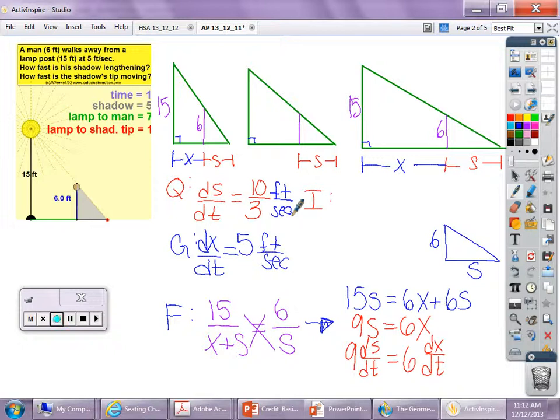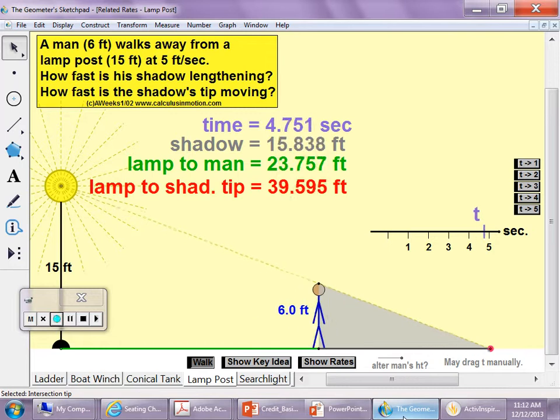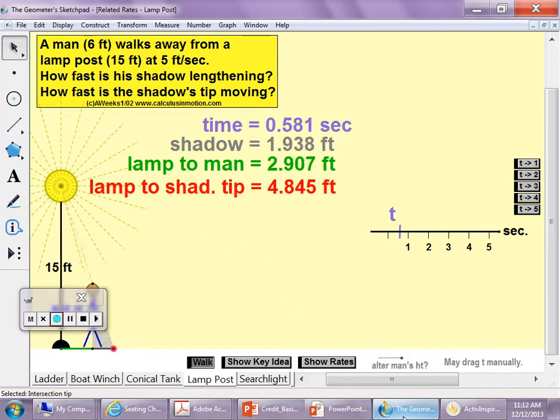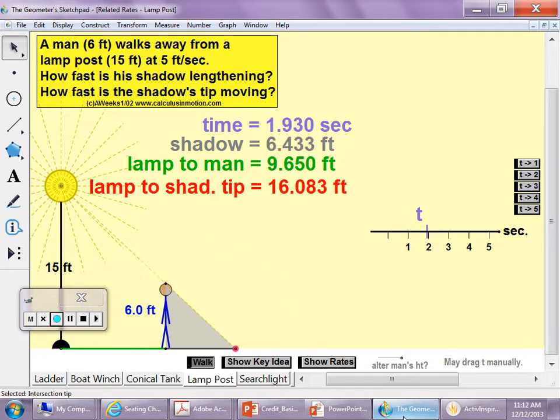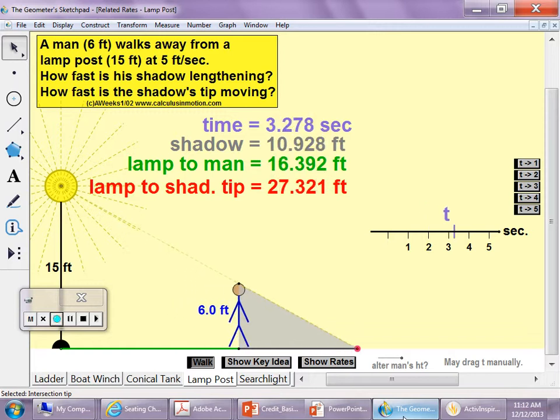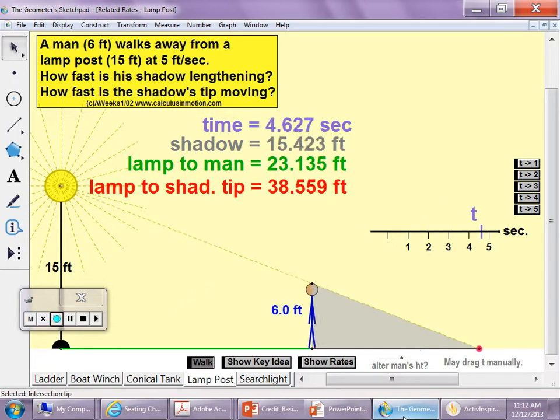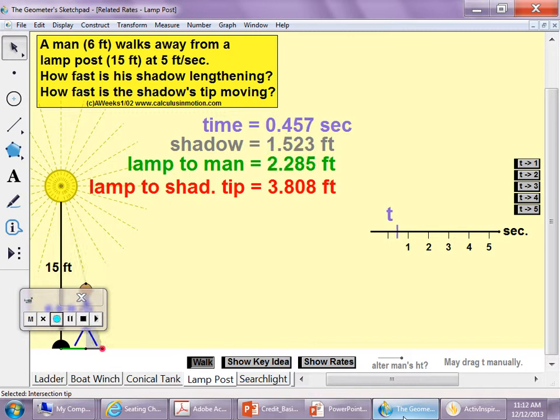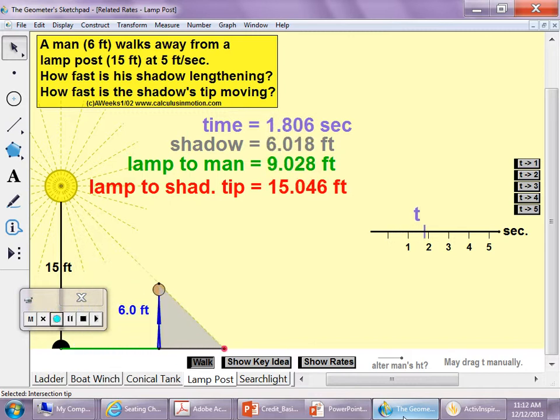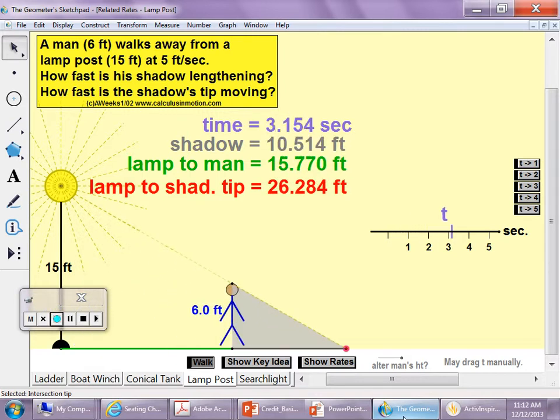Okay? Take your picture, and I want you to think about the shadow tip. Let's use the variable z for shadow tip. How do we figure out how to label the variable? We look at the shadow tip from where it started to where it ends. Label your figure. Shadow tip, where it starts to where it ends. And if you're confused, watch that red dot.